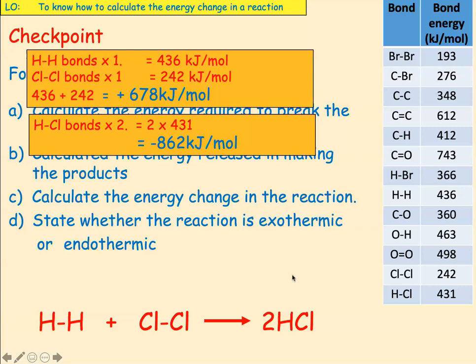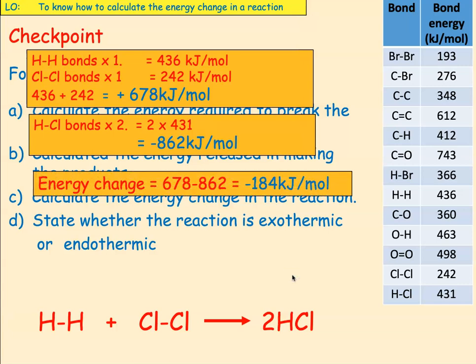Calculate the energy change in the reaction. So we're going to take 862 away from 678, and you get minus 184 kilojoules per mole.